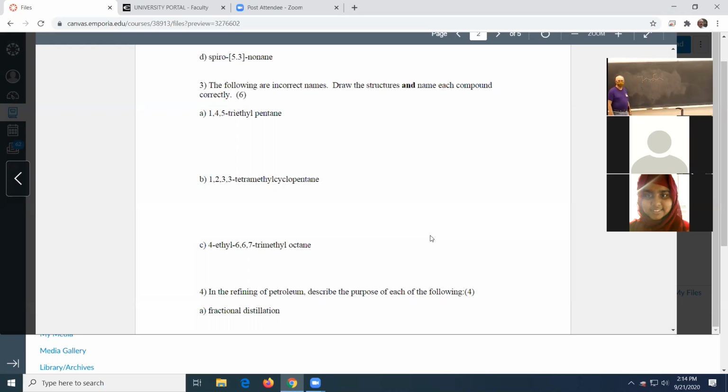Even though that's a totally wrong name, you can draw a structure from it. The longest chain is actually not pentane, it's 2, 3, 4, 5, 6, 7, 8, 9, so it's nonane. And the shortest distance to this substituent is 4. So this is 4-ethyl nonane.